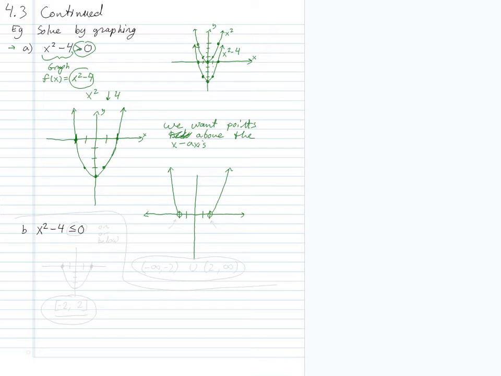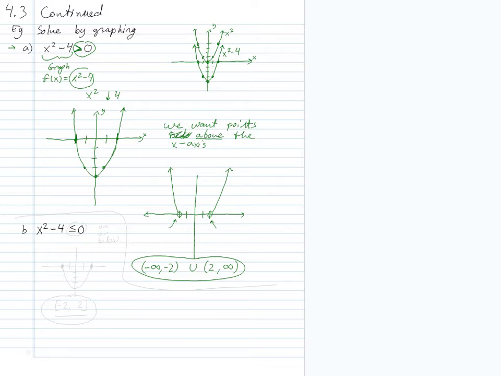Now since our inequality is strict, we want to be above, not on, the axis, and that's why I'm excluding those zeros, those x-intercepts specifically. Every other point lies above, so I would say our intervals of interest are negative infinity to negative 2, and positive 2 to positive infinity. That's our solution set.